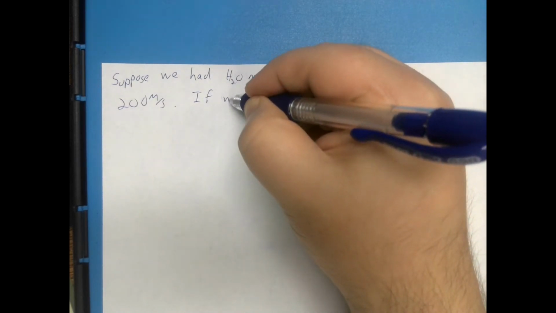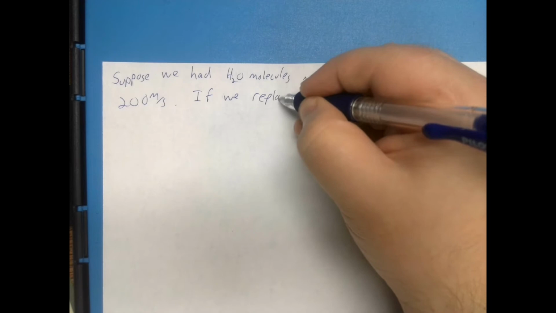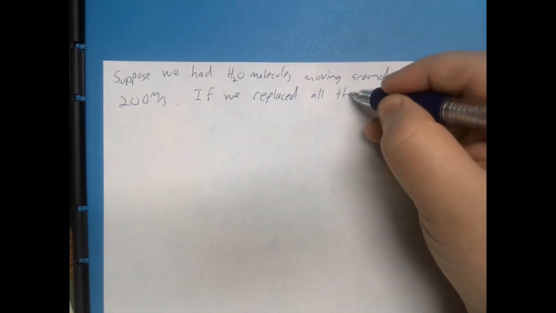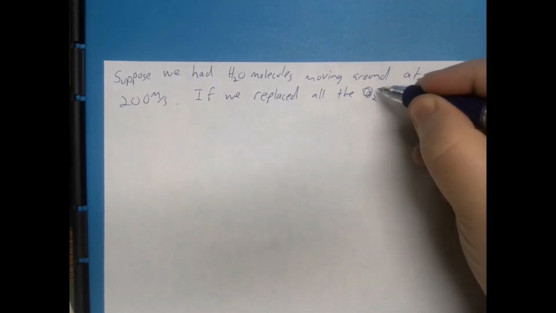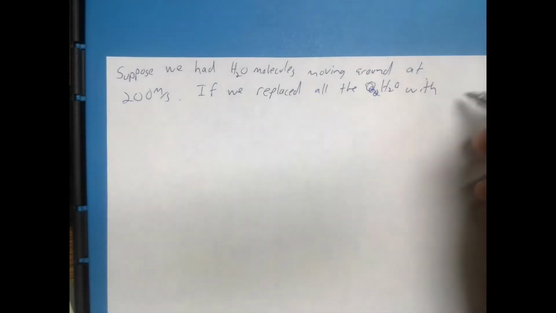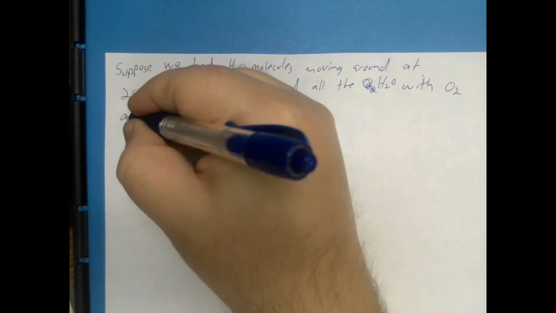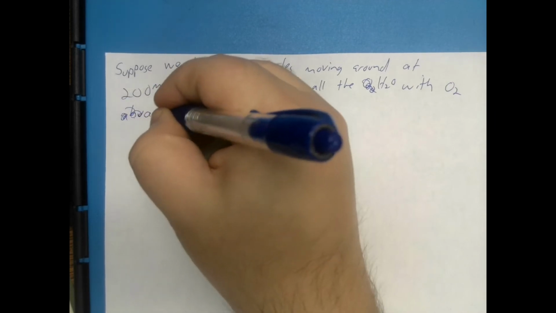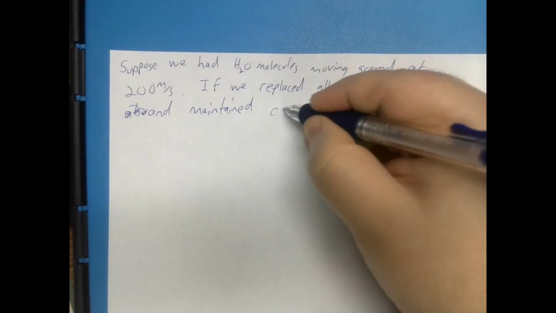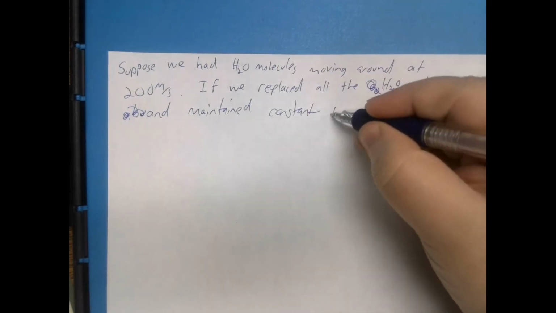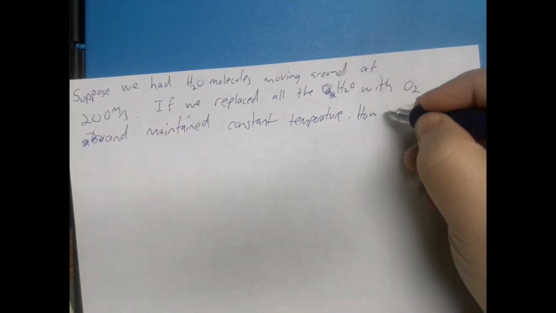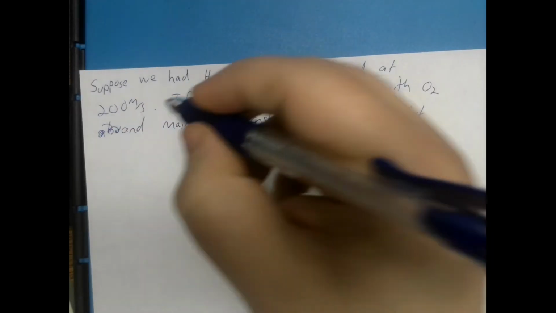If we replaced all the H2O molecules with O2 and maintained constant temperature, how fast will the O2 molecules be moving?